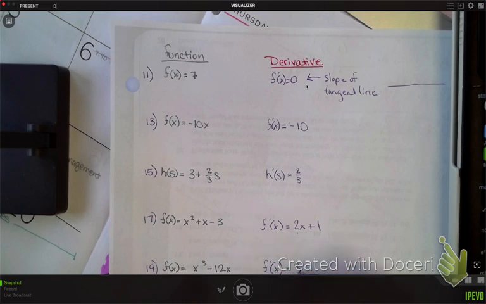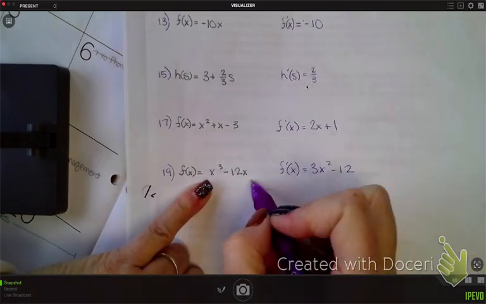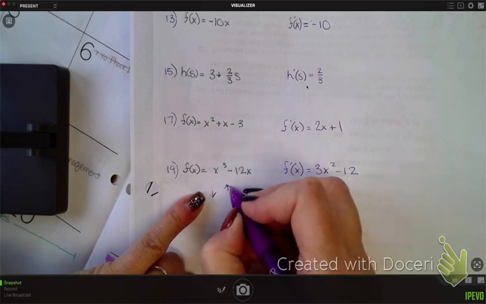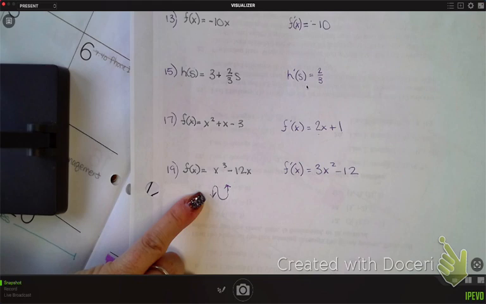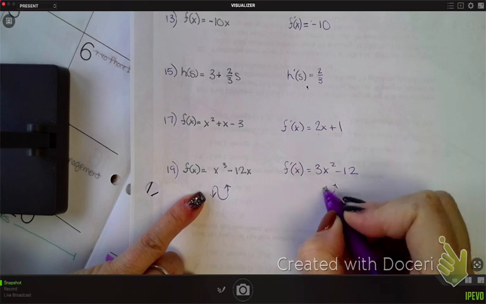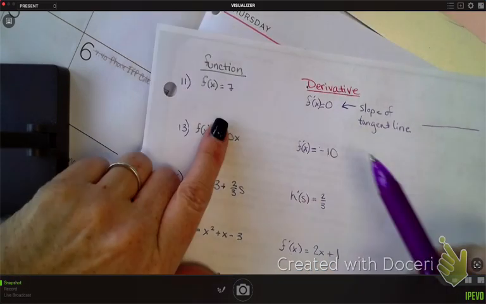Okay, so this derivative is 3x squared minus 12. Well, this is a cubic function, yes? So it starts down and ends up, and it has something going on like that, right? And this is a parabola. What do you notice about all the degrees? This was a first degree.